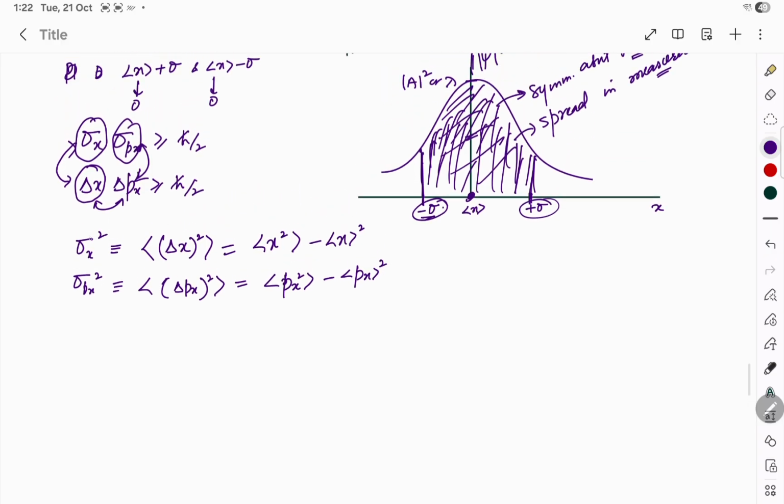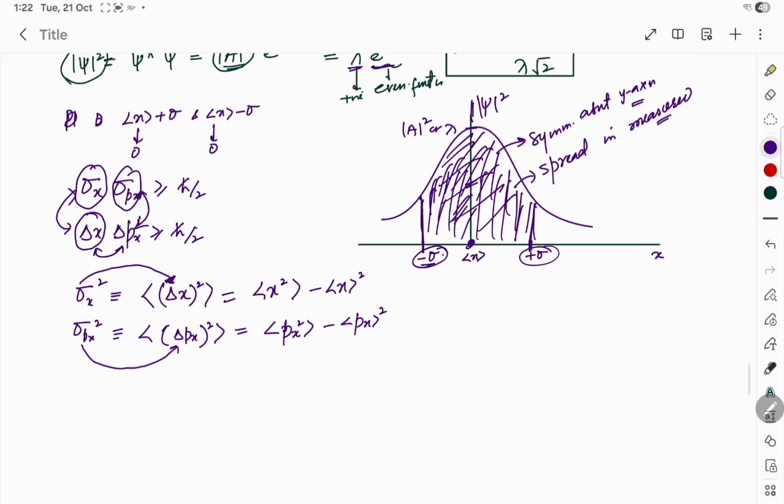So we can find the connection between the standard deviation and uncertainty in x, and standard deviation in px and uncertainty in px. This is always there. This is the spread in the measurement, because if we have a system and we do the measurement on that system again and again, but in actual reality we don't do it again and again, we make ensembles of the system, exactly the same copies of the system, and we do the measurement, and when we see the measurement, we don't get the same value for each person.